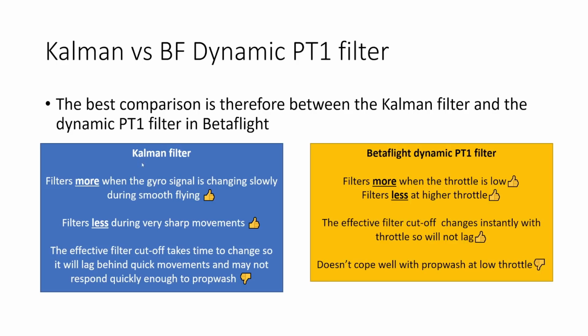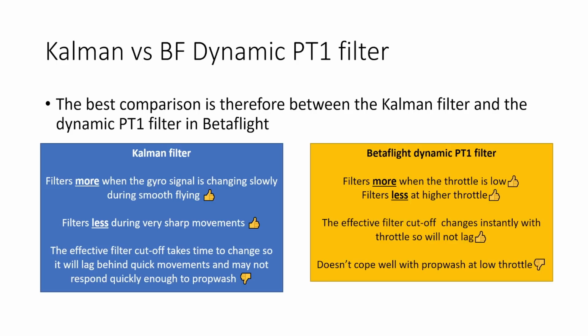Now, the Kalman filter will filter more when the gyro signal is changing slowly and when you're doing smooth flying. And it's going to filter less during very sharp movements. The reason for this is that when you're doing very sharp movements, the prediction for the Kalman filter is likely to not be very good, and so it's going to be relying more on the gyro data.